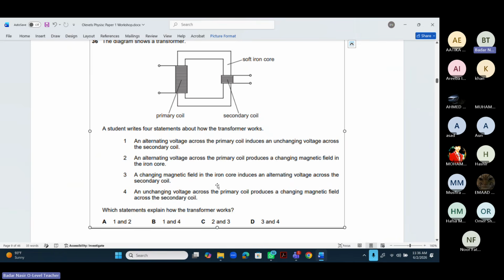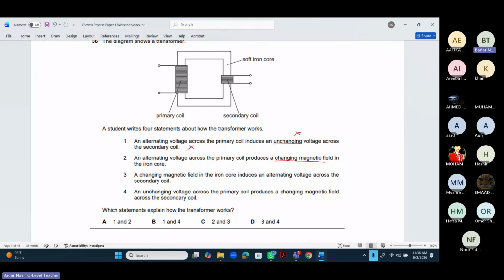Okay, first statement है, an alternating voltage across primary coil induces an unchanging voltage across the secondary coil. ये जो unchanging का word है, this is wrong.